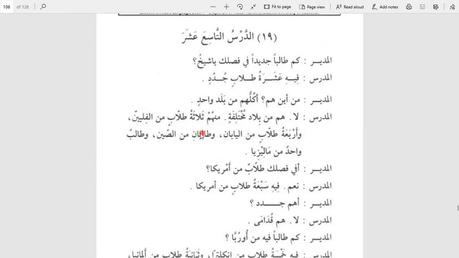The sign for muthanna is alif. When alif is joined to a noun, and the nun, we know this is muthanna, which is 2. That means there are 2 male students from China. Wa talibun wahidun min Malaysia. So 1 student from Malaysia.